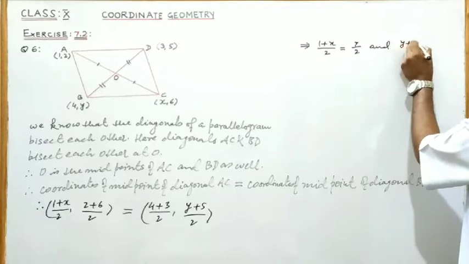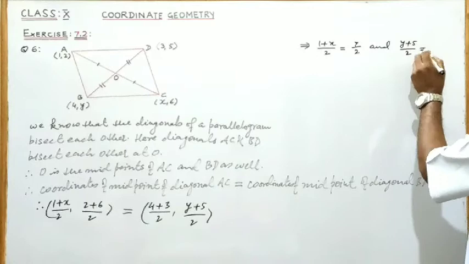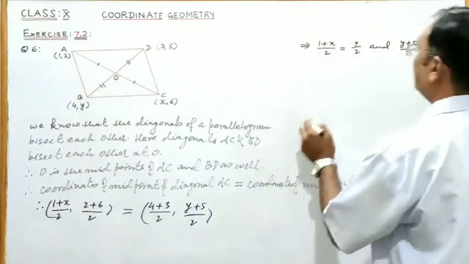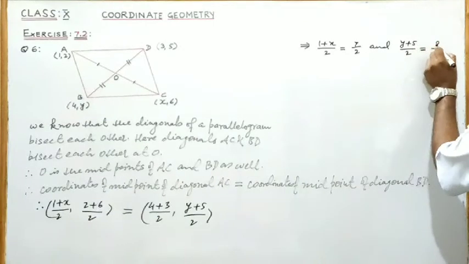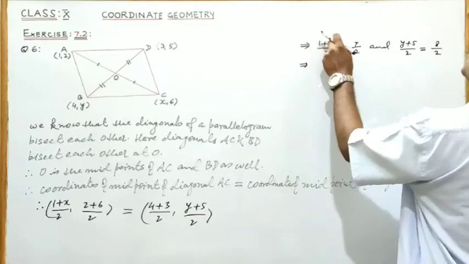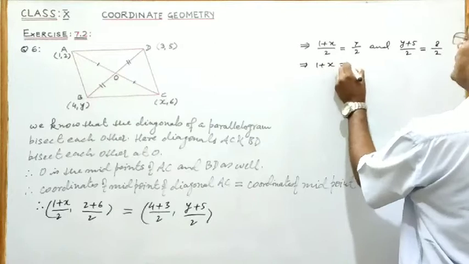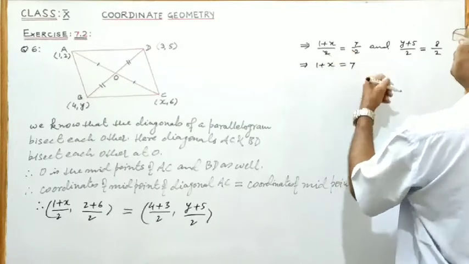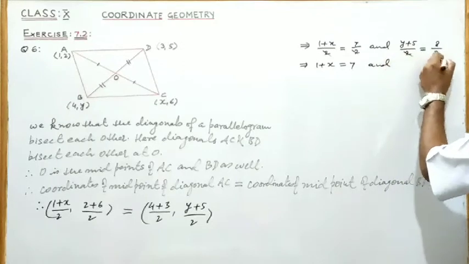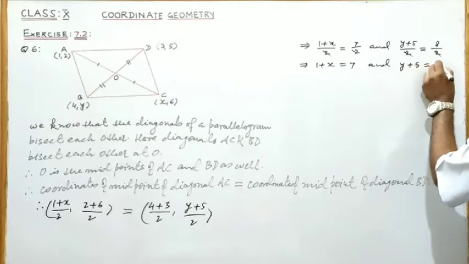Y plus 5 by 2 is equal to 2 plus 6, 8 by 2, and this implies 1 plus x equal to 7, because 2 cancelled, and y plus 5 equal to 8.